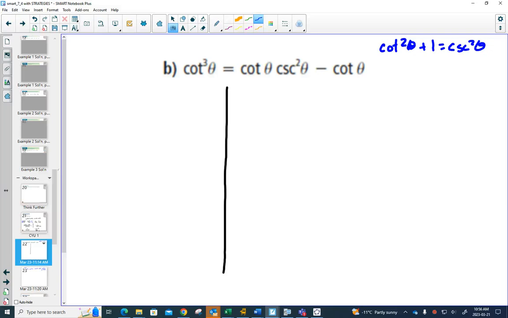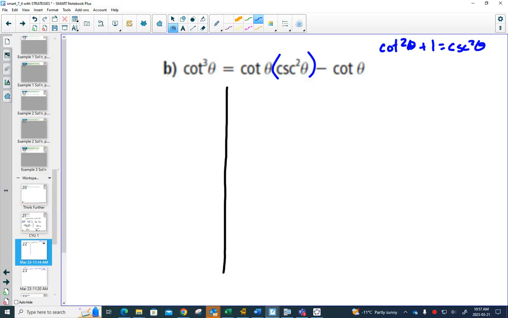So in this question, before changing to sine and cos, because this one you can do with sine and cos, it just takes a half a page, I notice I could take this cosecant squared right here and change it to cotangent squared theta plus 1. That might be a good advantage because then the only thing in this equation would be cotangents.